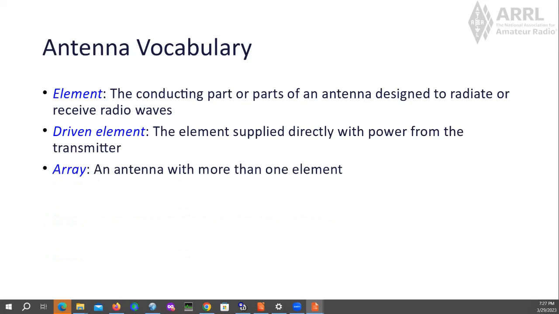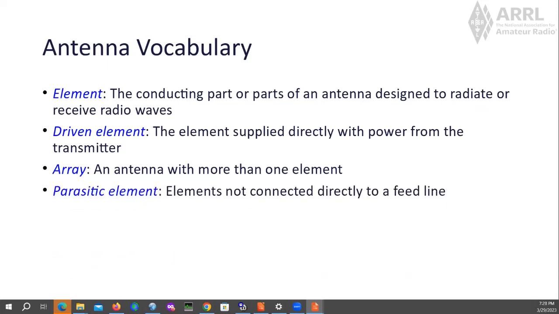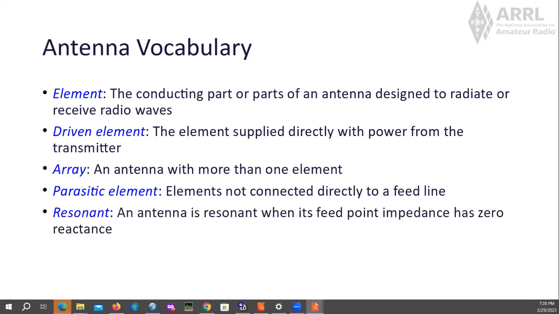An antenna with more than one element. A parasitic element. Elements not connected directly to the feed line. Resonant. An antenna is resonant when its feed point impedance has zero reactance.